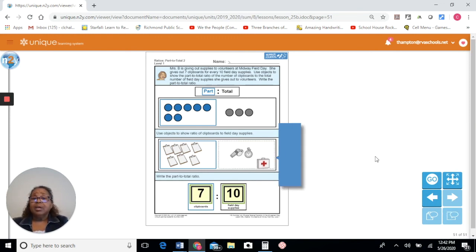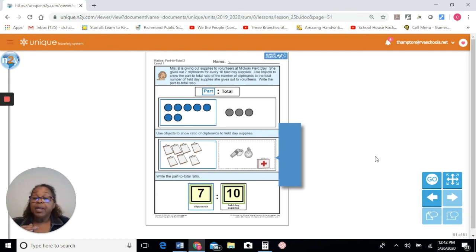All right. I think we did a great job with this today. We learned 2 types of ways to represent ratios. The first one was part to part. Part to part shows the comparison of one quantity to another.